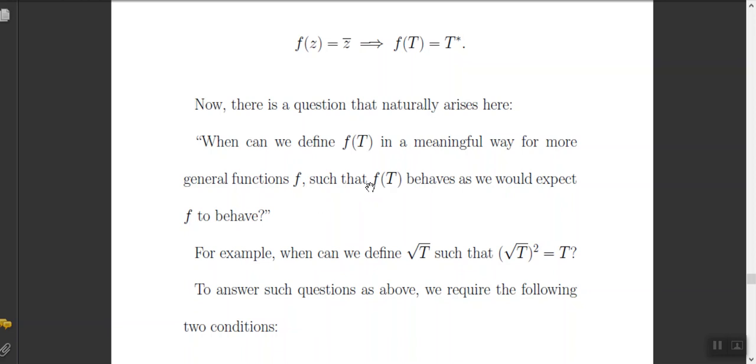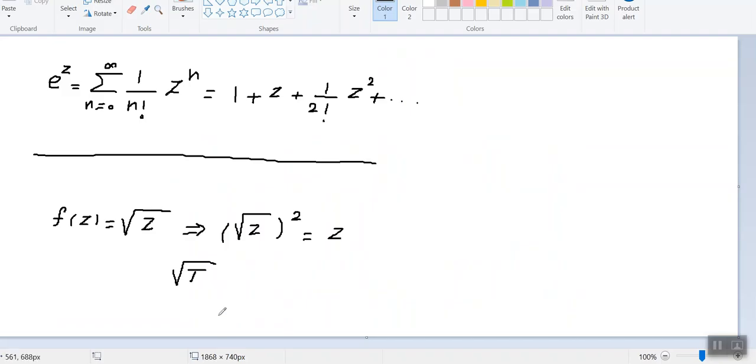But what does this mean? For example, we have a function f of z equals the square root of z, and we know that the square root of z squared equals z. Now, if we define the square root of t to be an operator in B of H, of course we expect it to behave just like this.